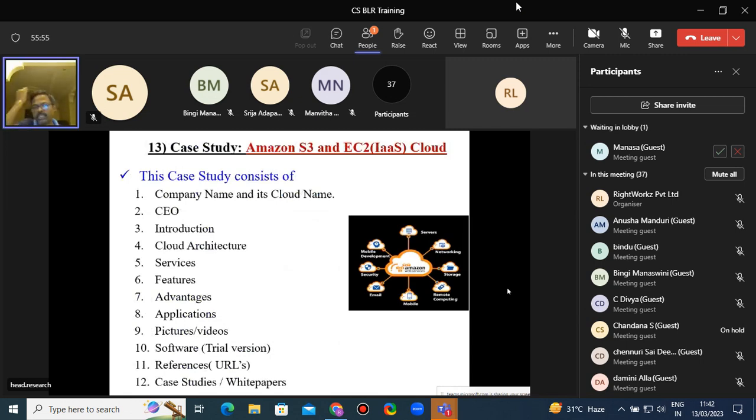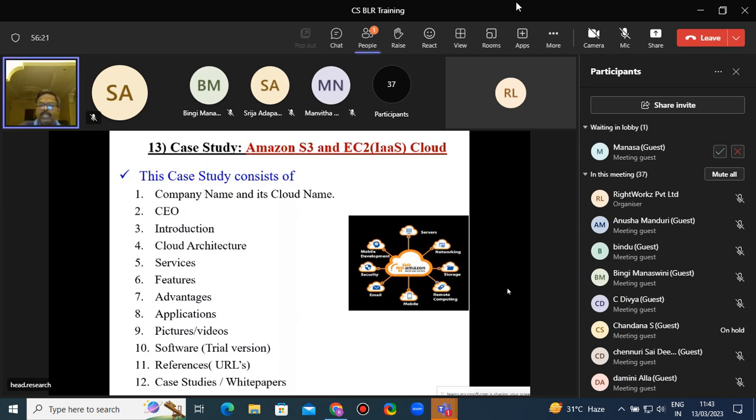The company name is Amazon and the cloud name is AWS, Amazon Web Services, or S3, Simple Storage Service, or EC2, Elastic Compute Cloud. And the CEO is Jeff Bezos. He is the Chief Executive Officer of Amazon Web Services.